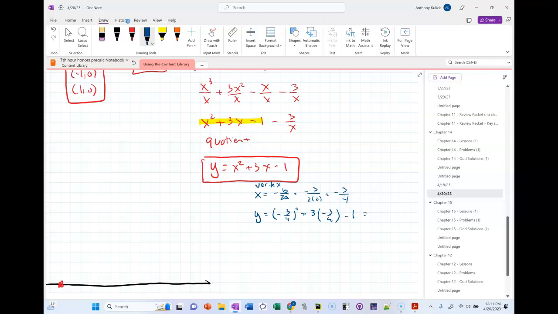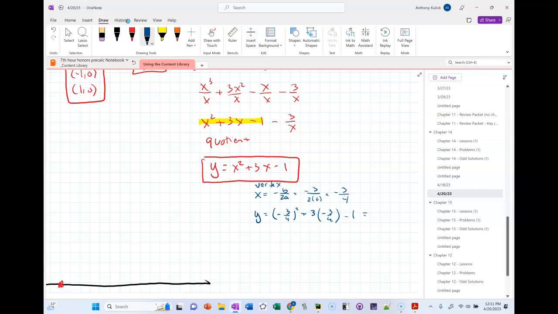So that's going to be negative 27 over 16. 9 times 4 is 36.